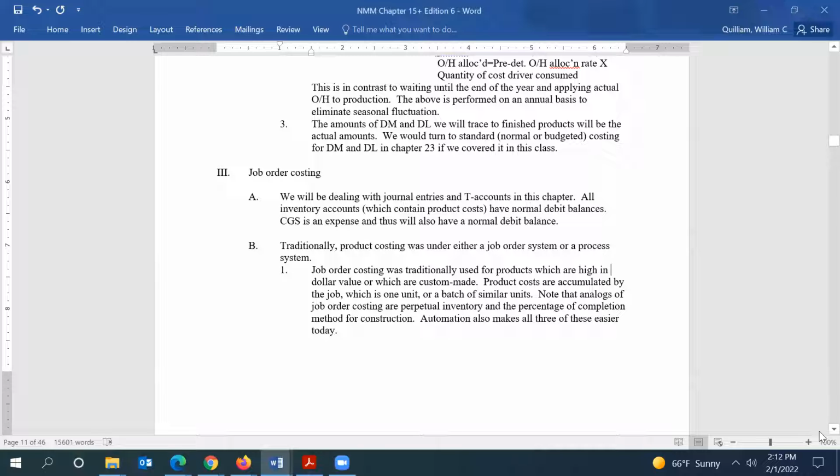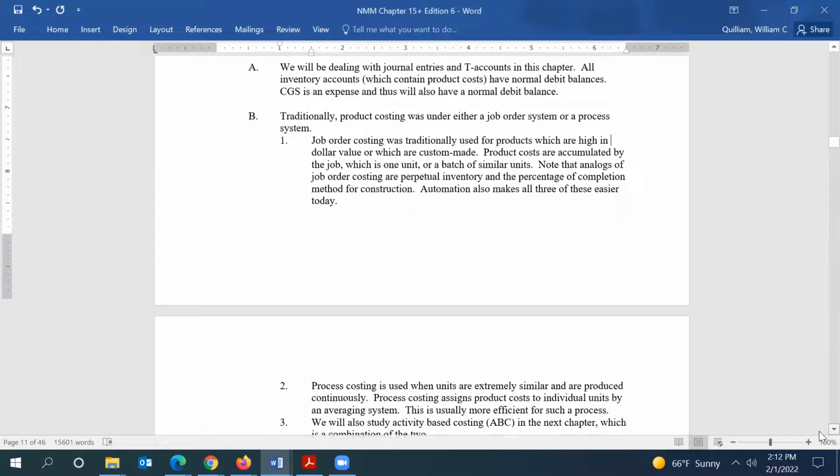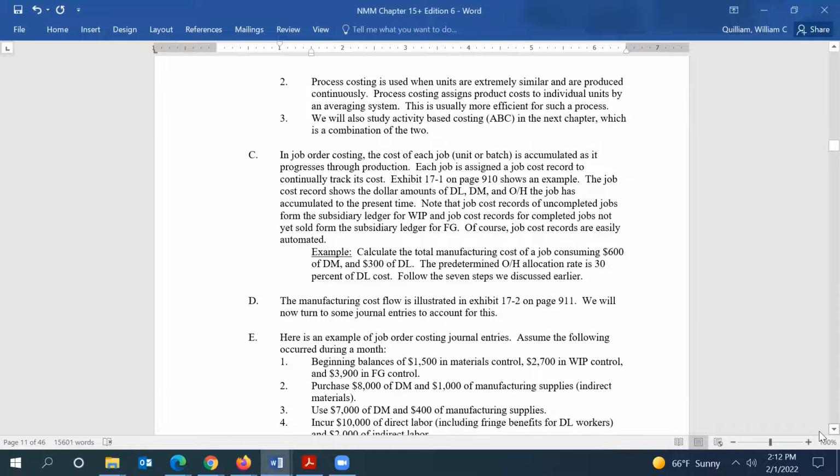However, there is another type of costing, which is called process costing. And that's used when units are extremely similar and they're produced continuously. And process costing assigns product costs to individual units by an averaging system. And this is usually more efficient for such a process. For example, let's say that we were manufacturing bags of potato chips.